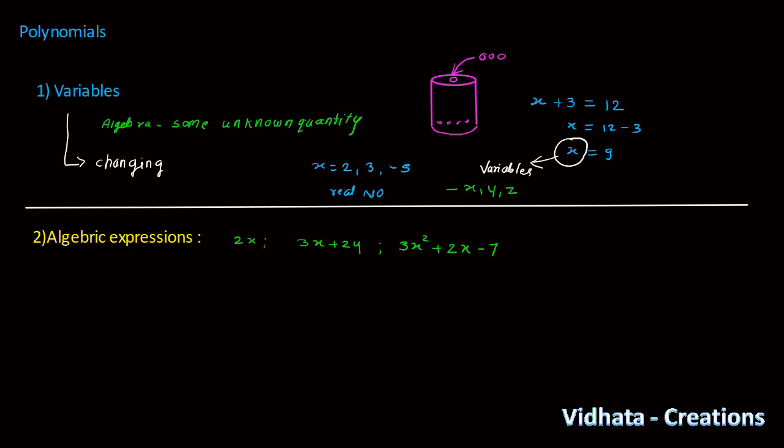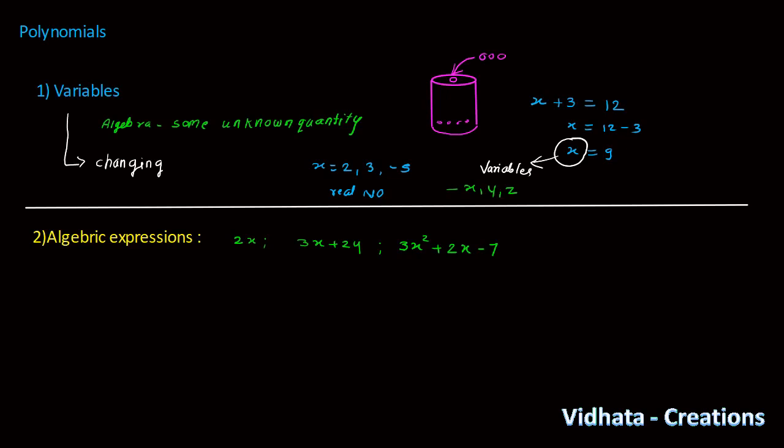Now, I have given some examples. If you observe these examples clearly, can you say what algebraic expressions are? Can you define the meaning of algebraic expressions? For that, observe these examples carefully.